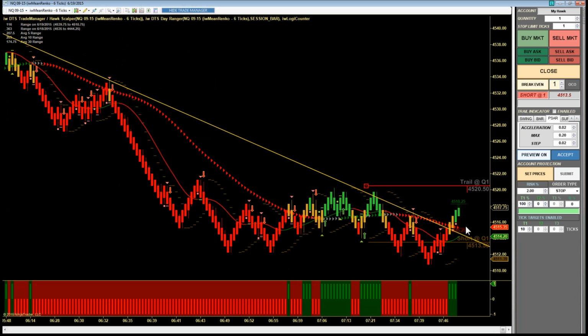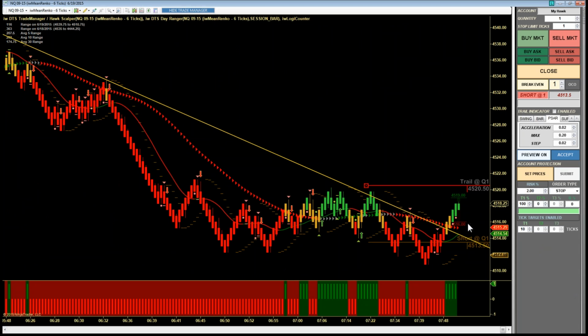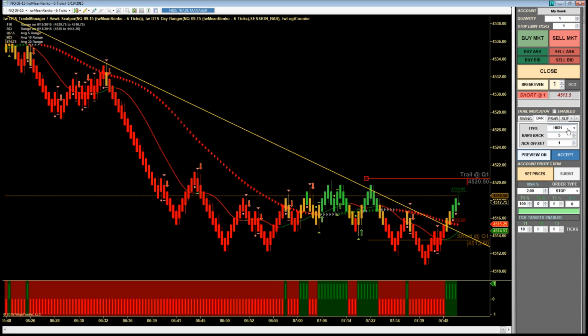I want to see where the sellers are. Sellers have got to step up here soon, at which time I'm going to go with my bar high-low strategy, and I'm going to be a lot more aggressive on it.